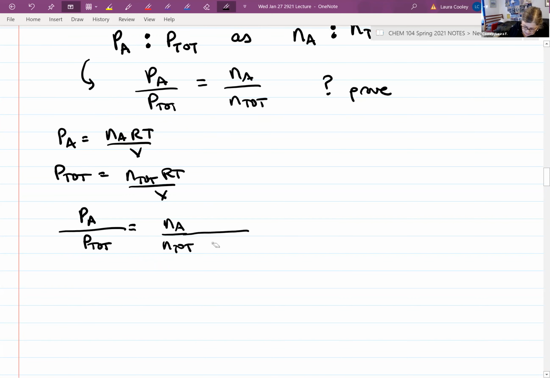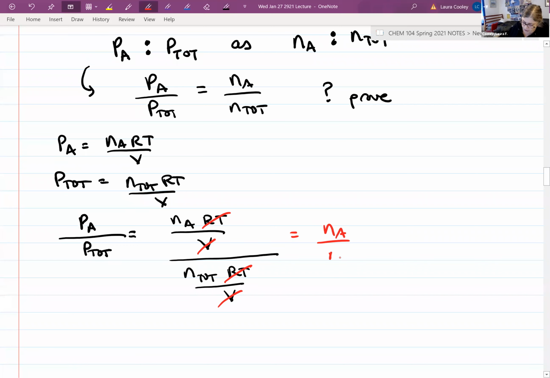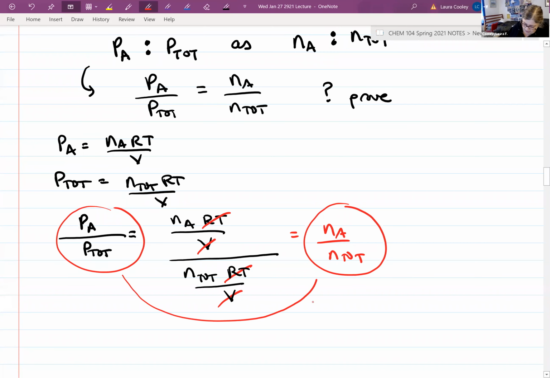Let me do it out. NA RT over V divided by N total RT over V. And here, everything cancels out except for NA over N total. So yes, PA over P total does equal NA over N total.